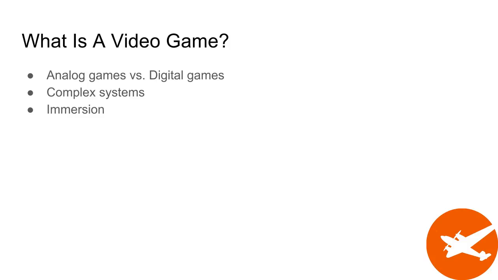So what is different about video games or digital games than an analog game? Generally, not all the time, right? There are very simple games, but generally, video games are much more complex, and they have some very complex systems involved with them. I don't know what games you guys are playing right now, but if you take a game like World of Warcraft, how many things are happening in that game while you exist in that game at any given time?